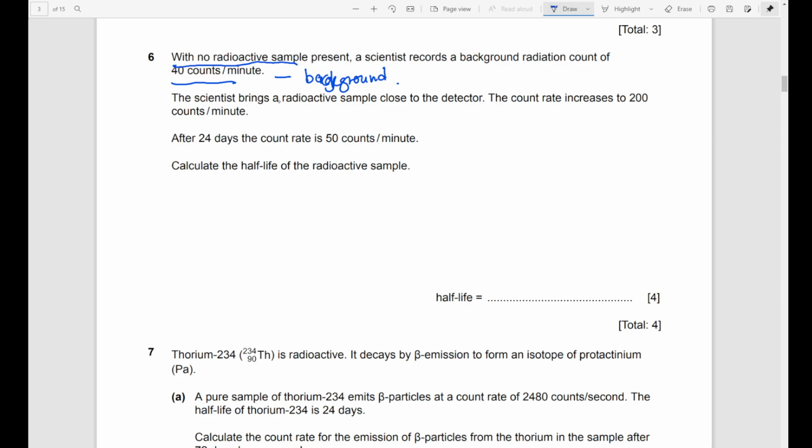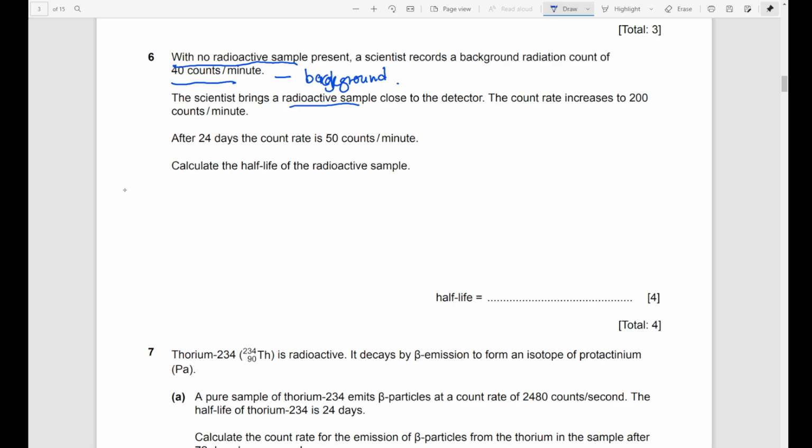The scientist brings a radioactive sample close to the detector. The count rate increases to 200 counts per minute. So 200 counts per minute is the reading from the detector, caused by first the radioactive sample, and then don't forget that we still have the background radiation.